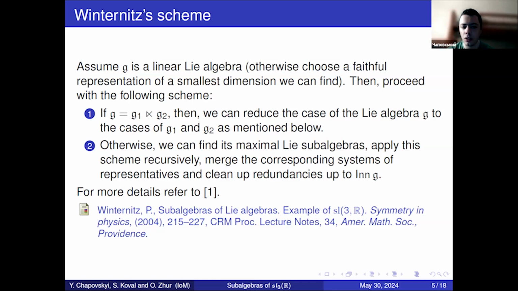Otherwise, we can conclude that G is a simple Lie algebra, and then we can find its maximal Lie subalgebras, apply the scheme recursively, merge the corresponding systems of representatives of each maximal subalgebra, and then clean up redundancies in the resulting list. For more details, I would like to refer you to the paper.